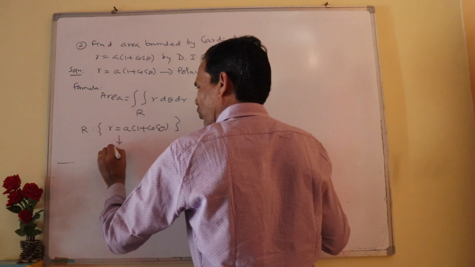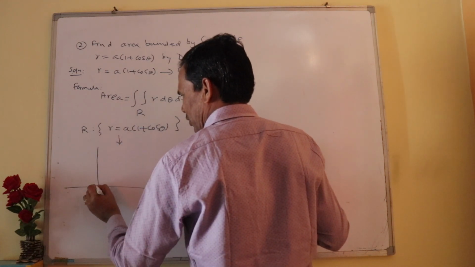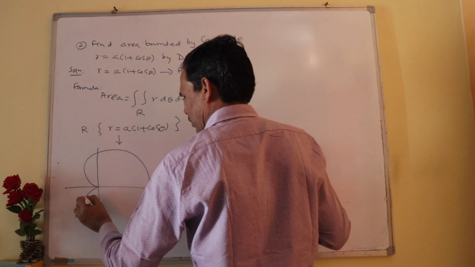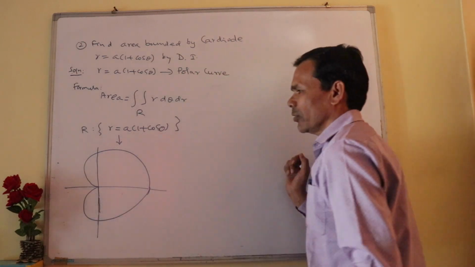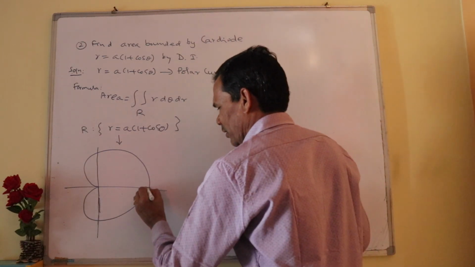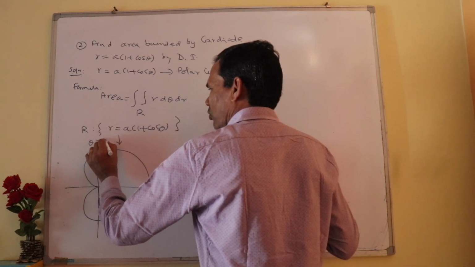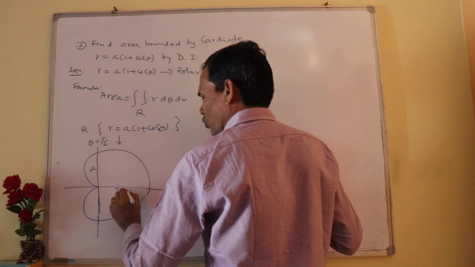So I just try to locate this area of the cardioid. It is something like this. So this is the cardioid r equals a(1 plus cos theta). This is theta equal to 0, this is theta equal to pi by 2. And here this is a, this is 2 times a.